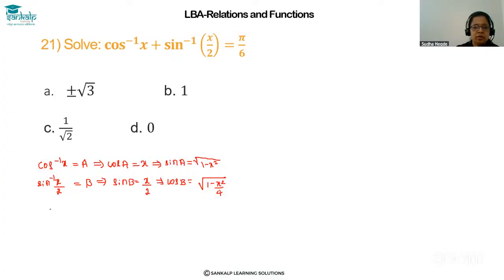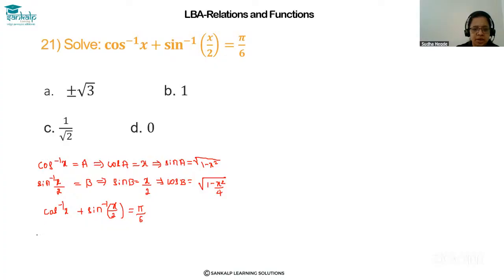Correct? Now, consider the given expression: cos inverse x plus sin inverse x by 2 is equal to pi by 6.